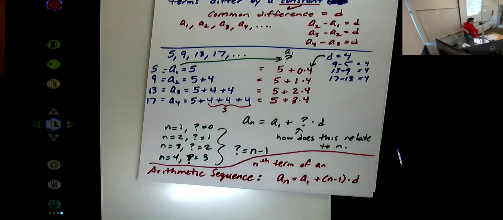And doing the first couple terms is pretty easy, right? But if you wanted the 98th term, do you really want to add 4 98 times? No.